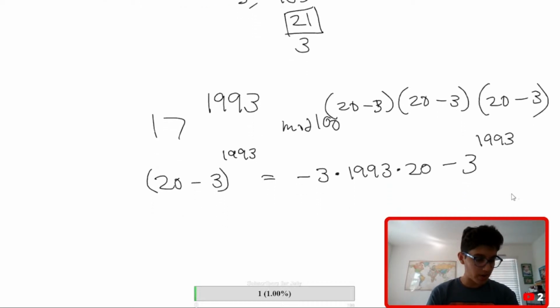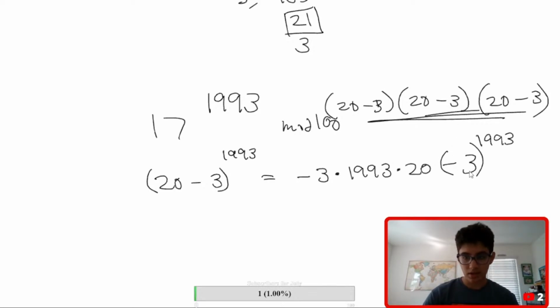You need to make the 20 less than 2, so it can either be 1 or 0. If it's 0, then it'll just be 3 to the 1993rd, which will become, since it's 1993, negative 3 to the 1993rd, which will be just this. So that's what I've got so far, right?